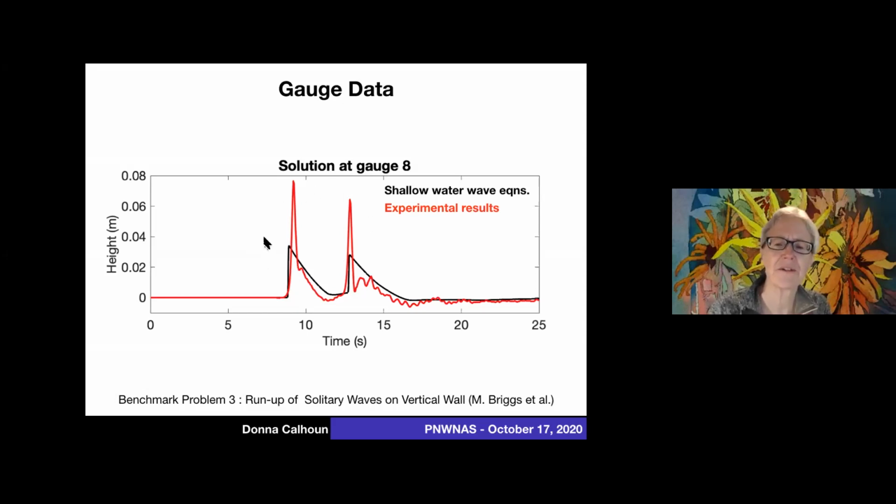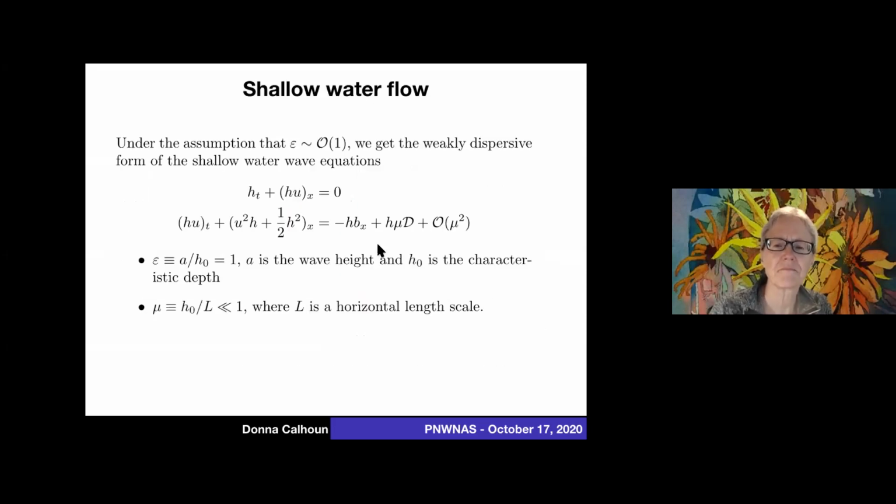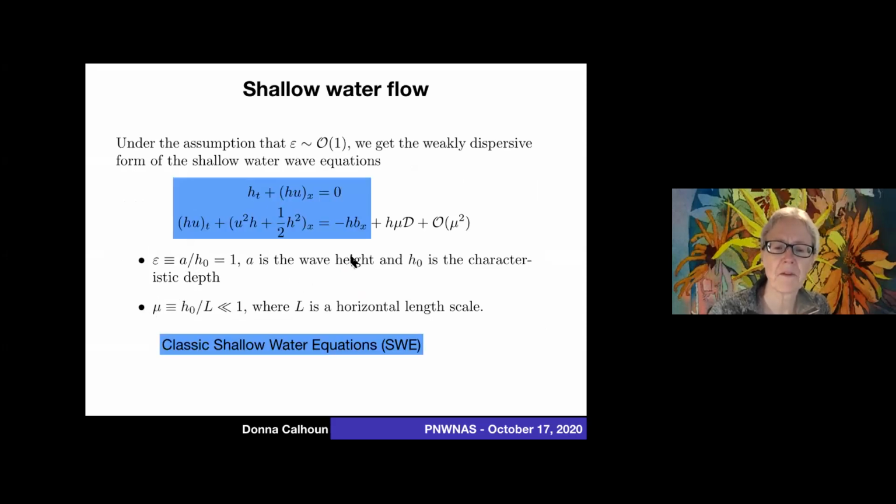So what we want to try to do is see if we can correct the shallow water wave equations to account for what effectively are dispersive effects that are not getting included in the shallow water wave equations. Again, under the assumption of this fully nonlinear regime in which the ratio of the amplitude to the characteristic height is order 1, but in this very shallow regime where our shallowness parameter is small, we have the classic shallow water wave equations.